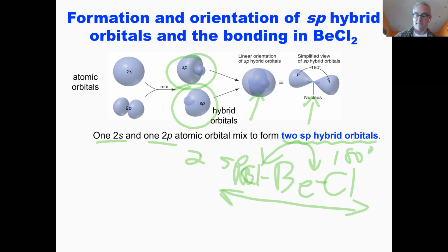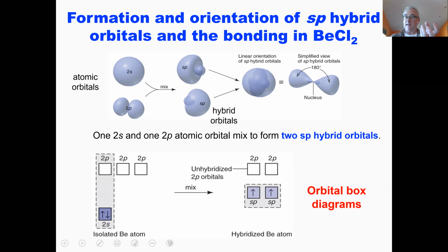So here's what the hybridization looks like. Again, here's our 2s orbital that's totally filled. Now, according to atomic orbital theory, that really shouldn't bond at all because it's got two electrons in there. They're paired up. That should be it. But it does. It forms two bonds.